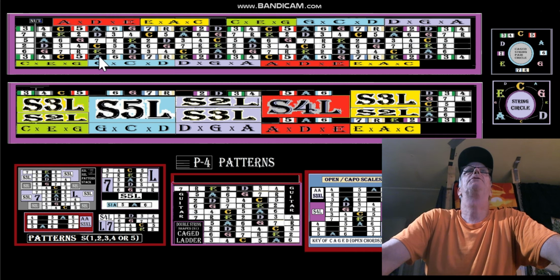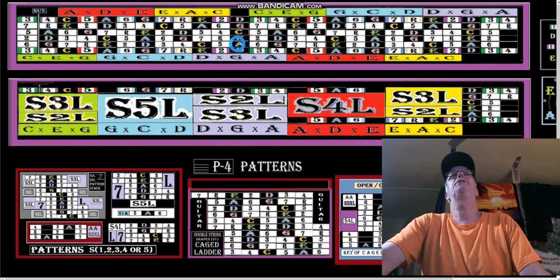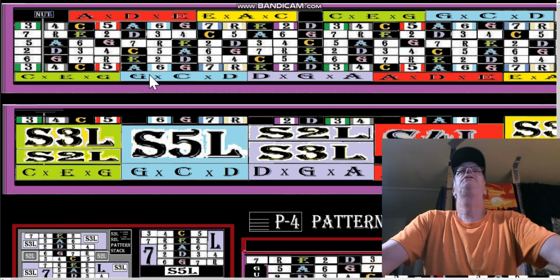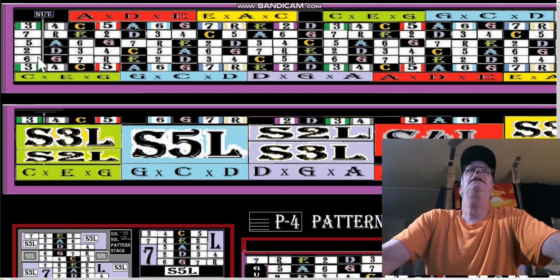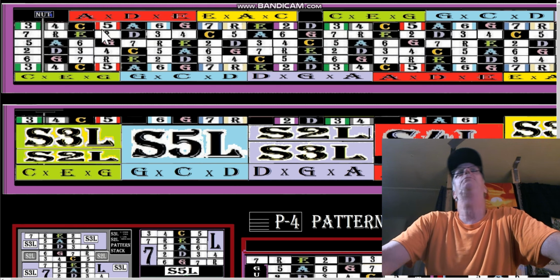So they're the bottom strings of the shapes. So what is it saying? It's saying that the G shape is like the key of G over here, but just moved up to the A. And the D shape is like the key of D over here in the open string where the nut is, right?